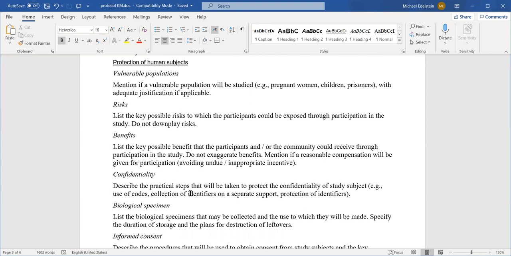The benefit and the risk can be to the individual, but the data that comes from these people can also represent a risk, and this is the confidentiality. You need to demonstrate that you're not collecting unnecessary data, that you are collecting it appropriately, that you're storing it appropriately, and that you're sharing it appropriately.